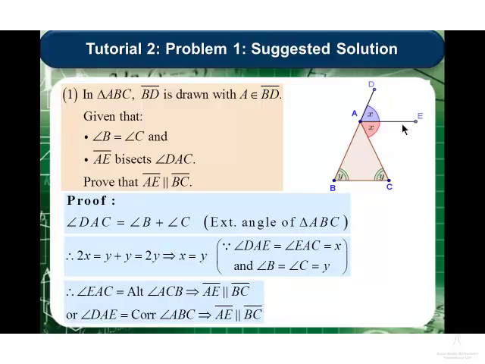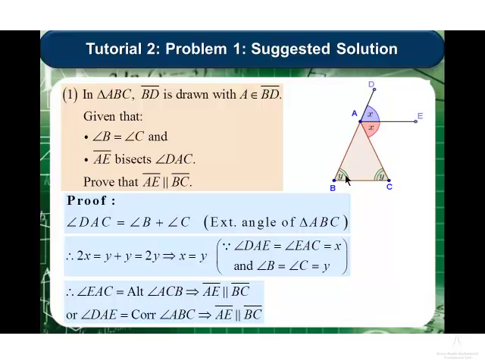Alternatively, we can also look at the angle x in the blue part of this particular angle DAC, which is bisected by the line segment AE, and this is equal to y.